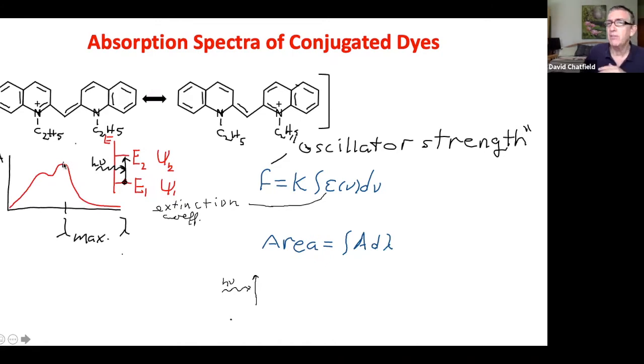If this were an ideal world, I suppose, the transition would happen at exactly one wavelength, exactly at the lambda max. In fact, we know in spectroscopy that peaks are always broadened. They're never just infinitely narrow.